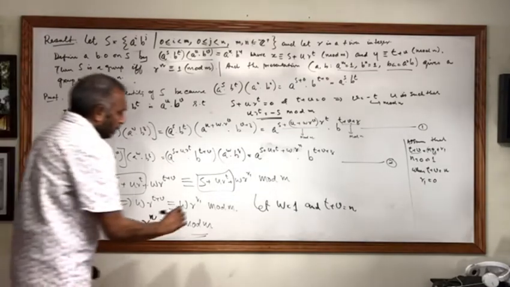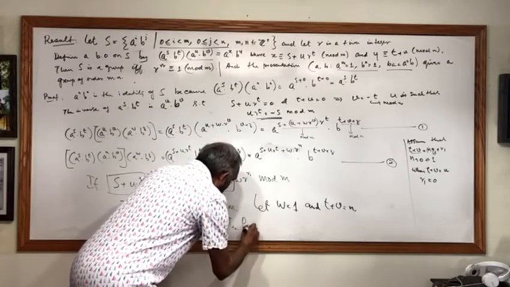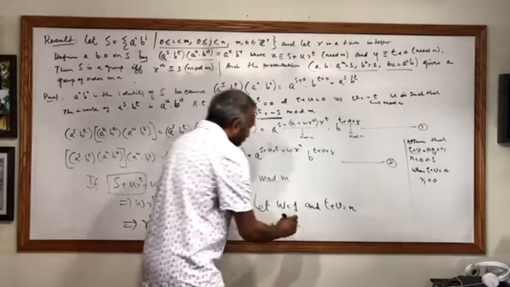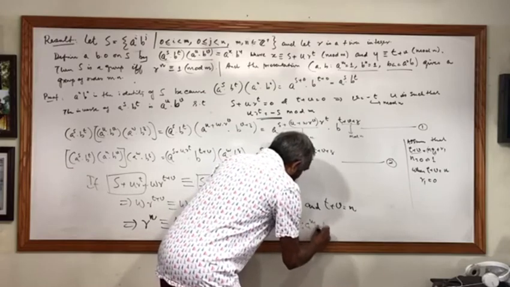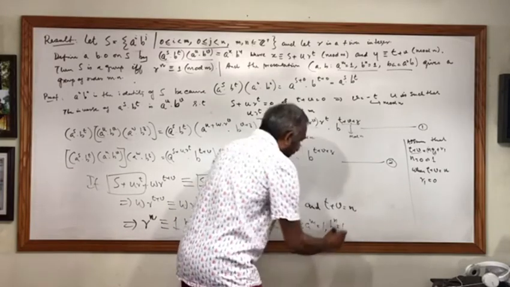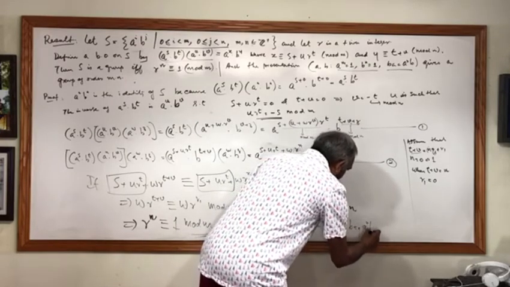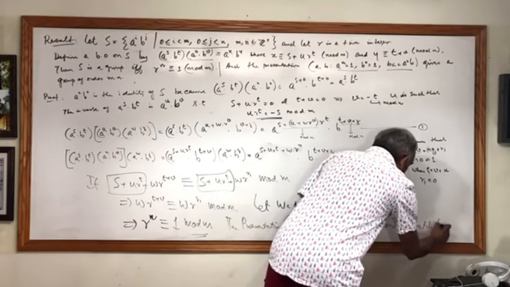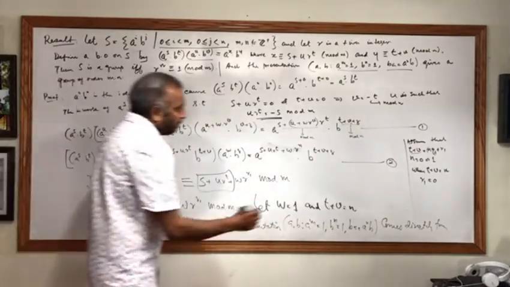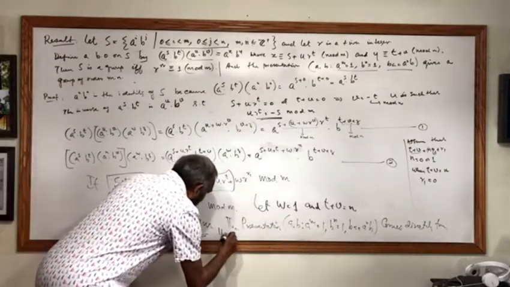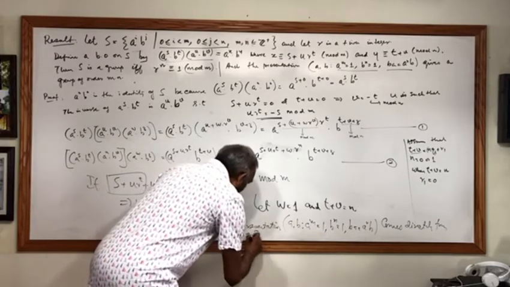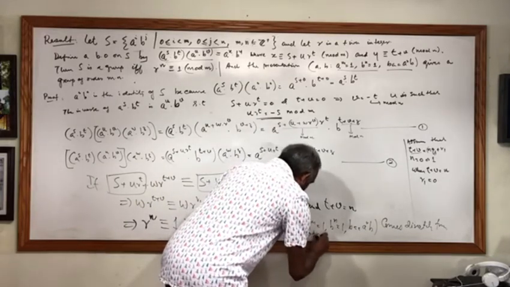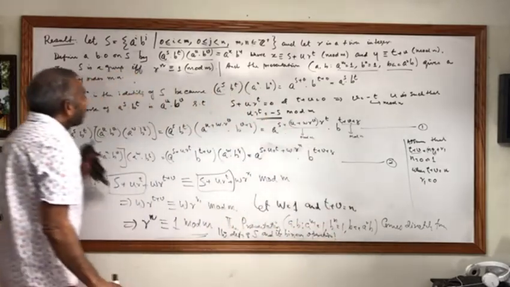Okay, so the presentation ⟨a, b : a to the power of m is equal to 1, b to the power of n is equal to 1, ba is equal to a to the power of r b⟩ comes directly from the definition of s and its binary operation. So that is a proof of this result.